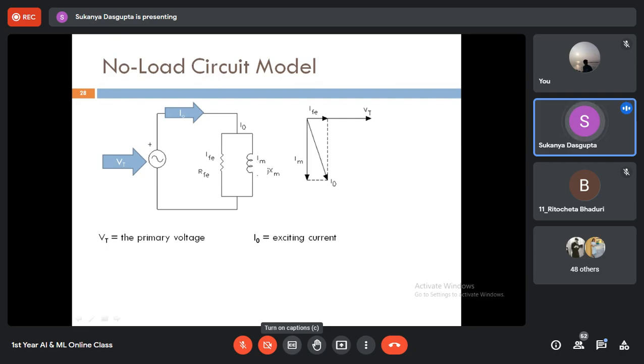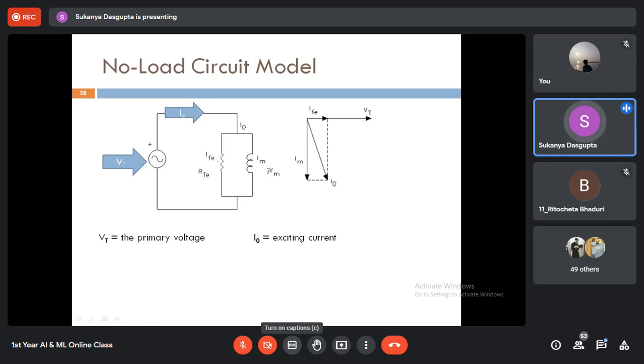See, IM is flowing through the coil. This IM is actually flowing through the winding, which helps to magnetize the core. So this is called the magnetizing current, right? And this XM is the magnetizing reactance of the winding.